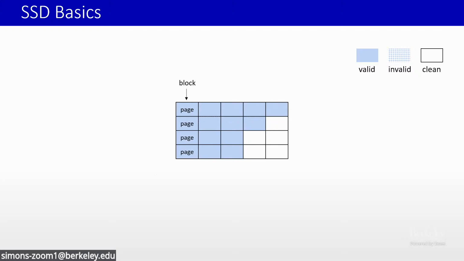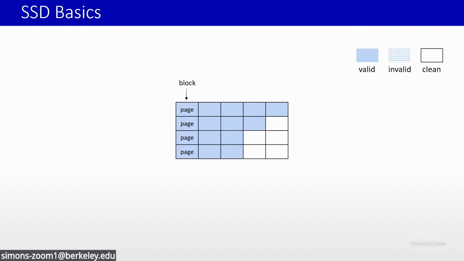Okay, so some SSD basics. An SSD memory is divided into blocks. Each slot can maintain a page. A page, for the purpose of this talk, is a data unit, and it fits into a slot. Now, a slot in the SSD memory could be either clean, or there could be a page there.